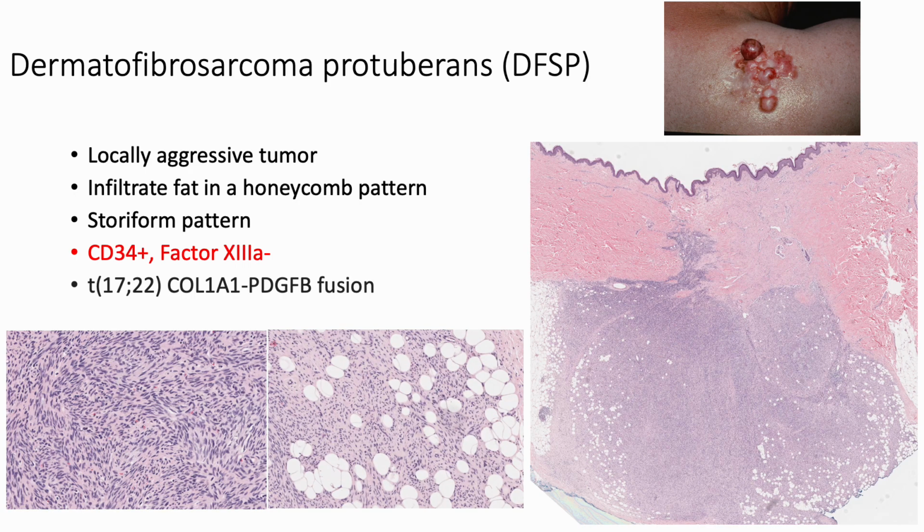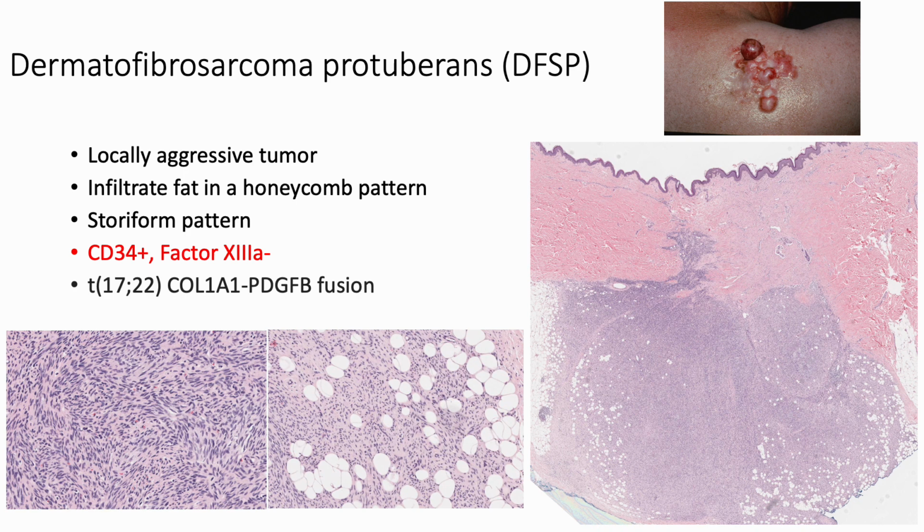So this is the DFSP, and in contrast to a single lesion, it usually presents as multiple poorly demarcated tumors. Some areas look more indented, some areas have a polypoid shape, and the common location is a middle-aged guy's back or shoulder area, and it is a locally aggressive tumor.